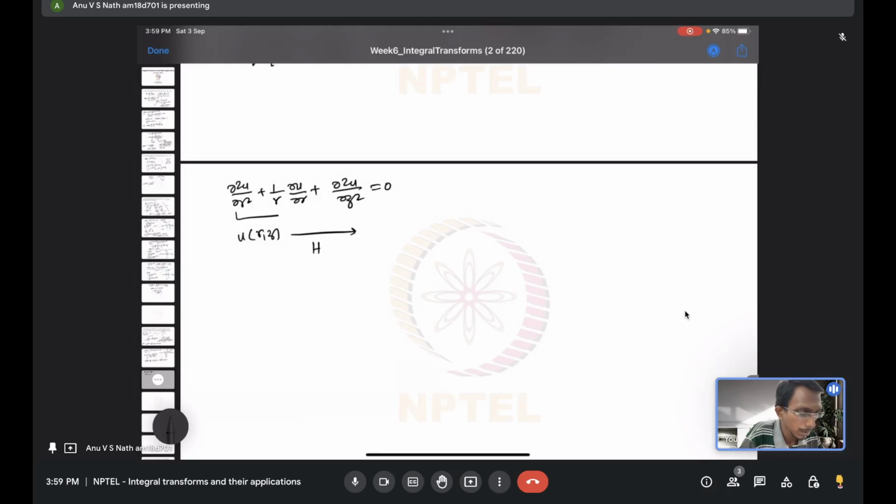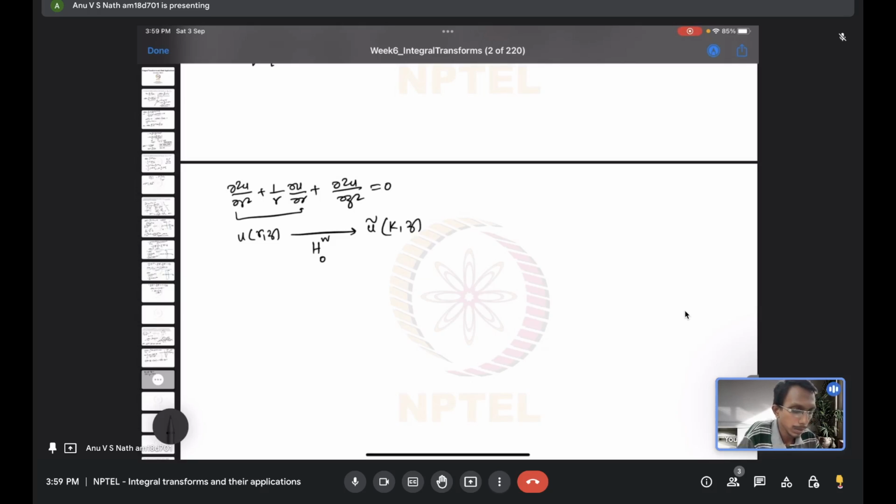Because it's an axisymmetric derivative in the polar coordinates, we only need to take the transform with nu being 0. Like earlier we did J0, same, so H0 here, the Weber transform. And let's say this will convert to u tilde of k and z.